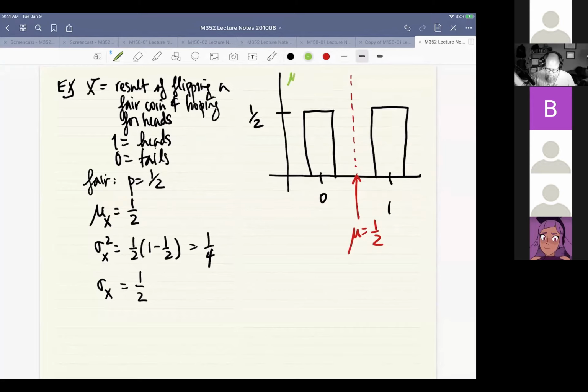So mu minus the standard deviation is 0, and mu plus the standard deviation is 1, right? So you go all the way down to the lowest possible value, or all the way up to the highest possible value. This is kind of remarkable, that this is showing you that your spread covers your whole sample space.